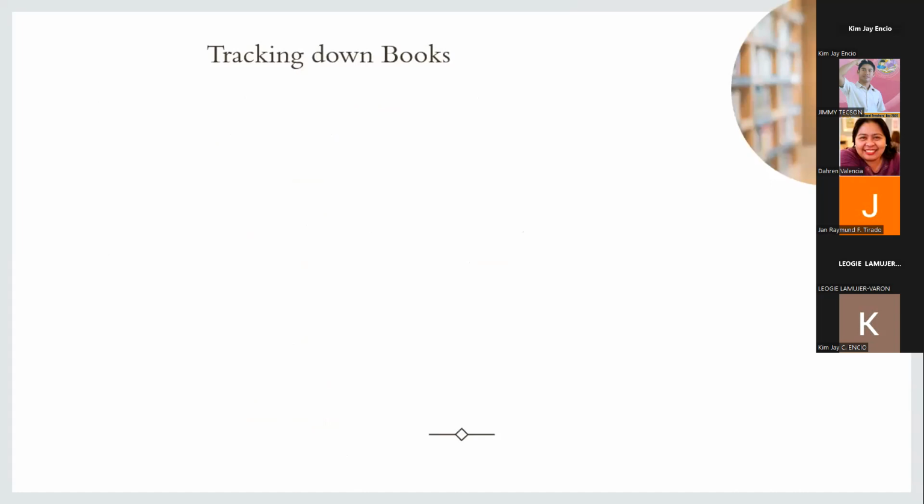Sige. Libraries nowadays have what we call online public access catalogs, wherein you don't have to be at the library to search for specific books, or at least identify kung ang imong library, ang university niyo or ang college niyo has that specific book. You can go online and check the catalogs.